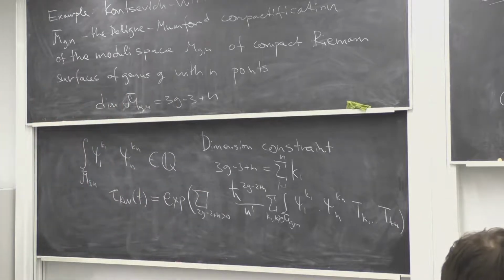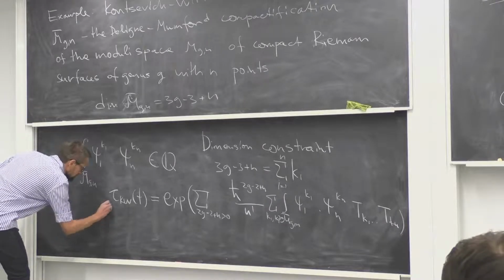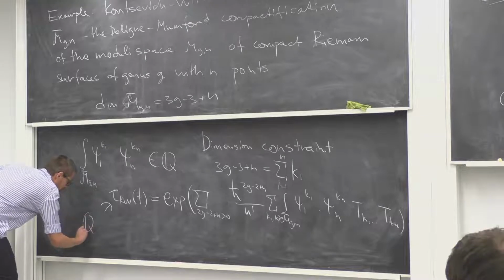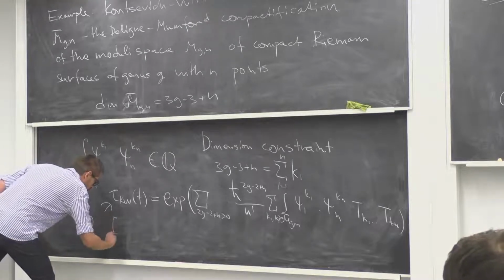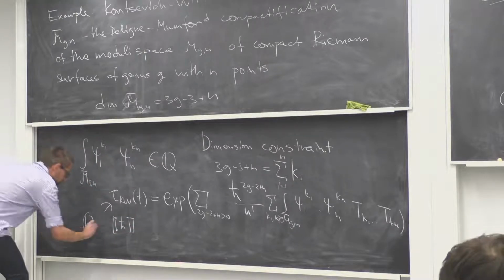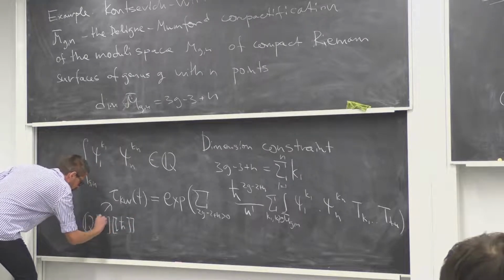Okay, so this is some object. First of all, it's a formal series in h bar, and the coefficients of this formal series are just polynomials in t.